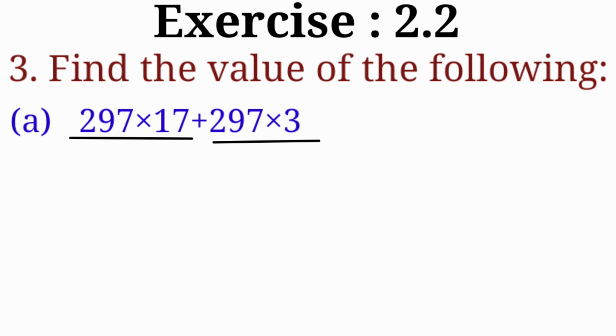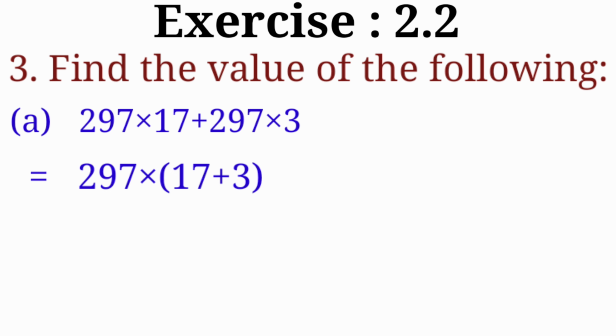So if we take 297 as common, 17 is left in the first part, there is an addition in between, and 3 is left in the second term, so it should be in a bracket because we took 297 as common, and inside it there are 17 plus 3. When we open this bracket, we will get the same terms as above. So which property exactly is it? Yes, it is the distributive property.